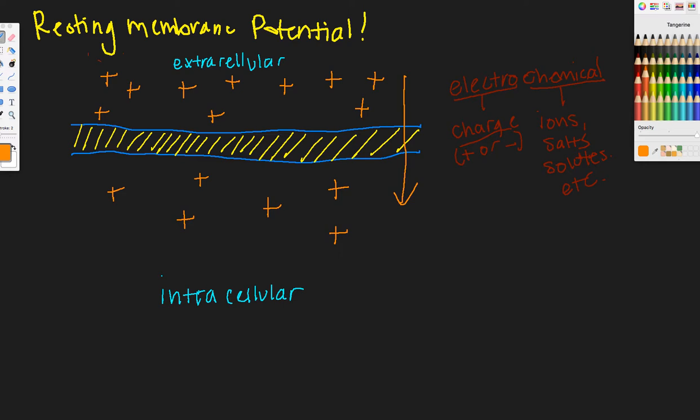So let's address the chemical side of this equation. So what if I tell you that of these positive charges, some of them are sodium, which remember is Na+, so I'm just adding the element sodium to be associated with this positive charge.